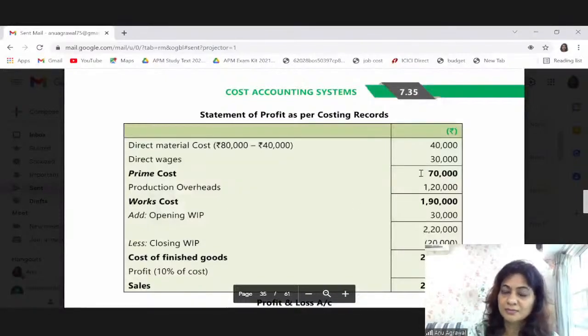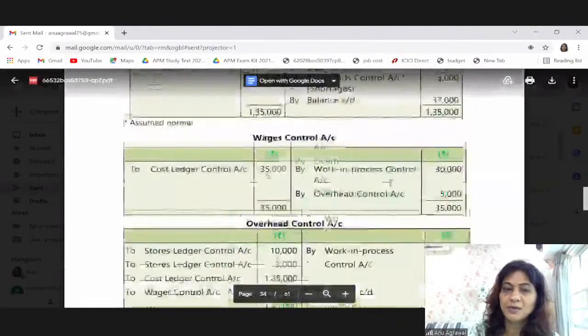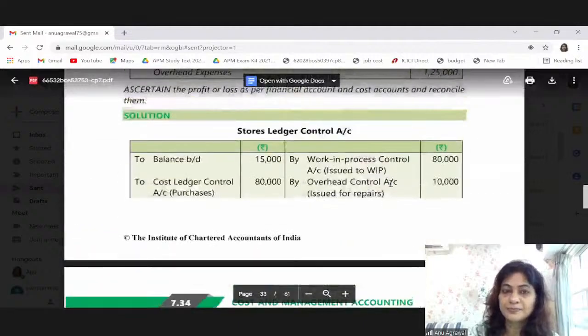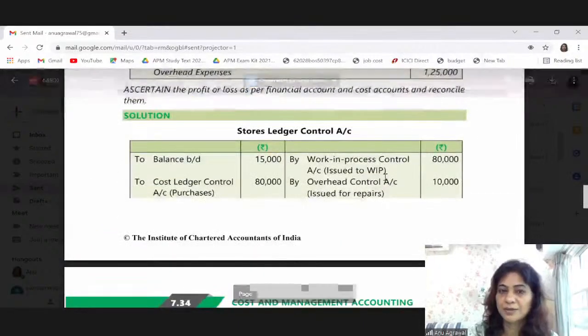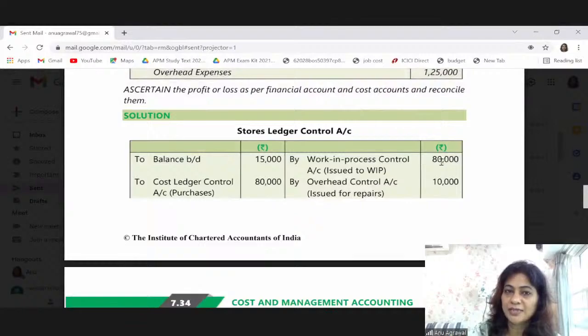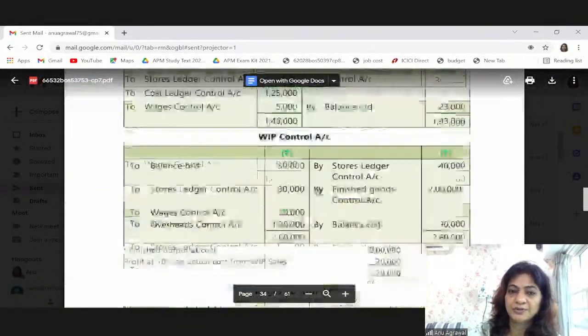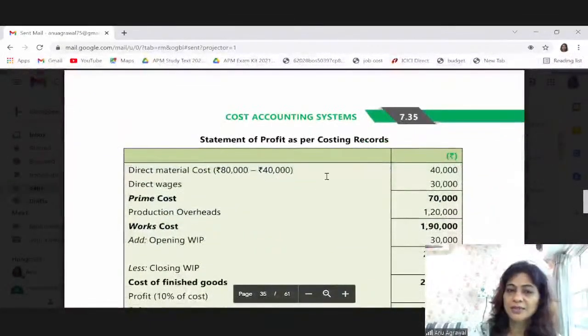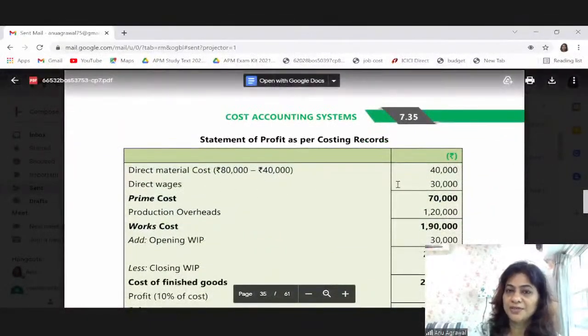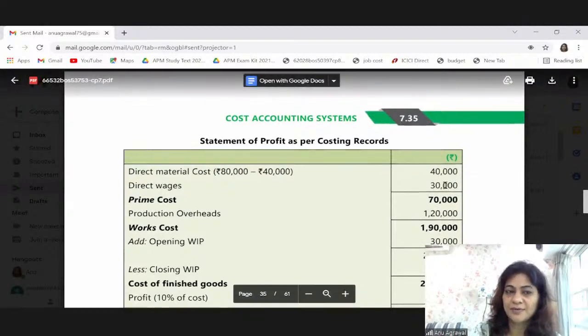Direct material cost, 40,000. How did they get out with it? Look at it. You got a store ledger control account. Yes or no? 80,000 you transferred to the WIP, but 40,000 you return. So that is why in costing, direct material charge is 40, wages 30, prime cost is 70.